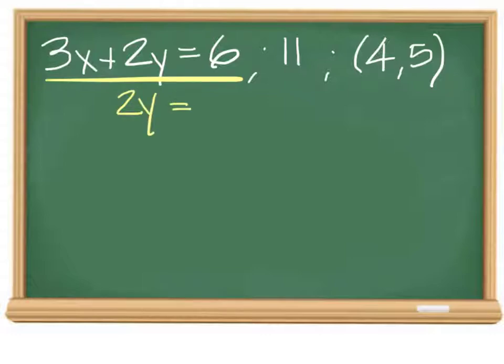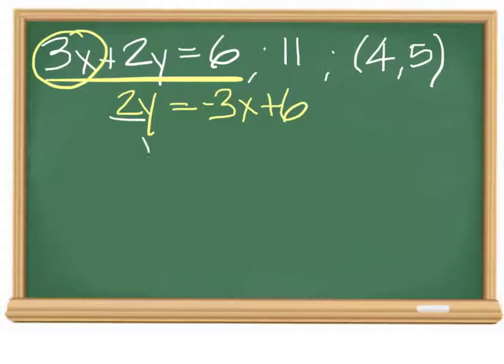Get y by itself, so move this to the right, change the sign, and then divide everything by 2, which is what is next to the y. So you'll get y equals negative 3 over 2 x plus 3. And then from there, you can use this slope because you're looking for something that's parallel, so it'll have the same slope.